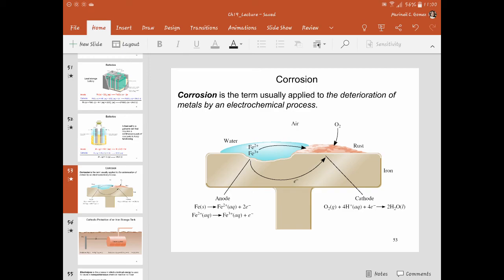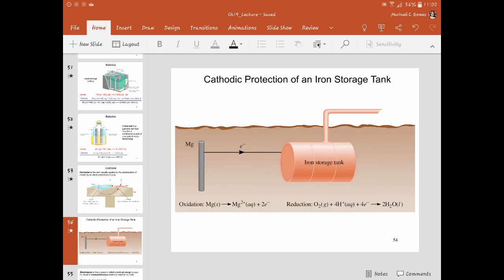Now to prevent that, either you coat it with a different metal that is resistant to rusting, or you use what you call a cathodic protector. For example, here you have an iron storage tank, and you insert a magnesium bar near or in contact with the iron. That is to protect the iron from being oxidized. The one being oxidized here is the magnesium and not the iron.